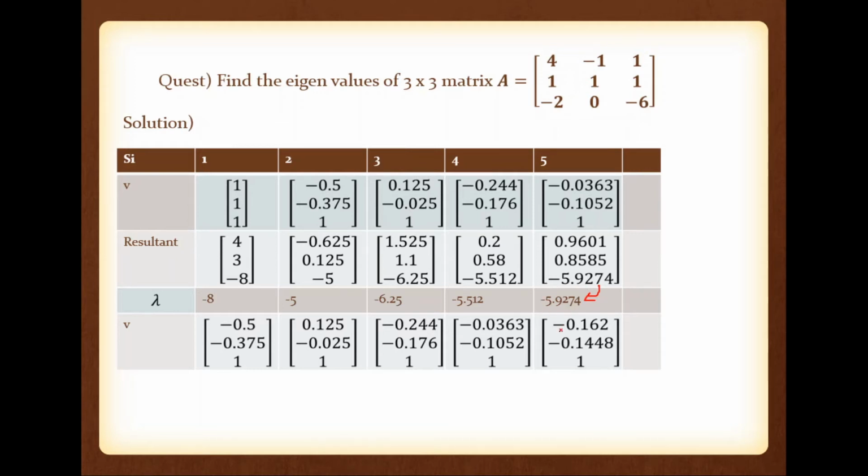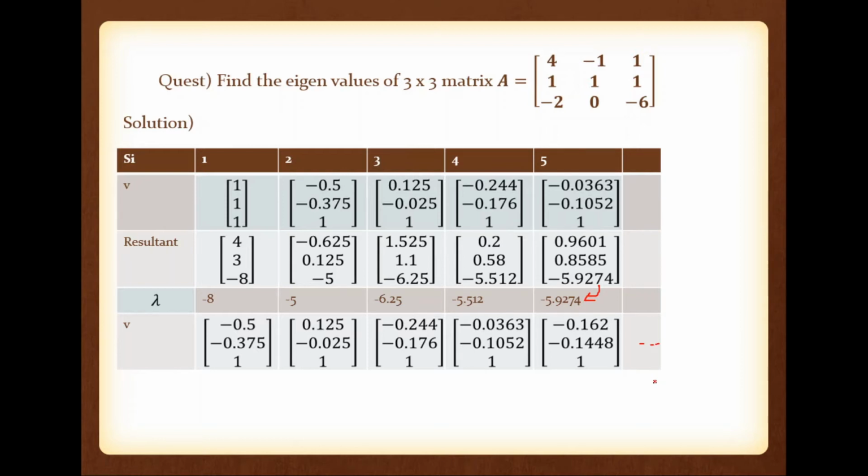The remaining normalized vector is minus 0.162, minus 0.1448 and 1. This resultant normalized vector is different from the previous one, so we have to continue this process.